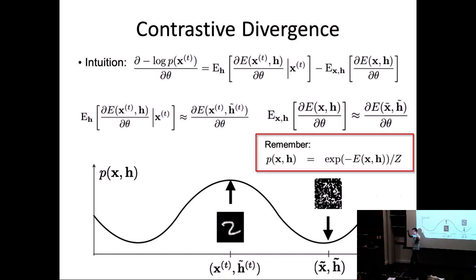In fact, if you look at the learning rule, the gradient is going to be 0 when the two expectations are matched. When these two things are the same, you have the 0 gradient. Right? So what happens is that you're basically saying, I want the statistics of this thing to match the statistics of this thing. And the only way for it to do it is to lower the probability of these random images and increase the probability of what you see in the real data.